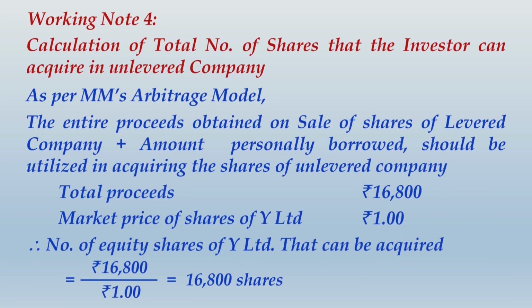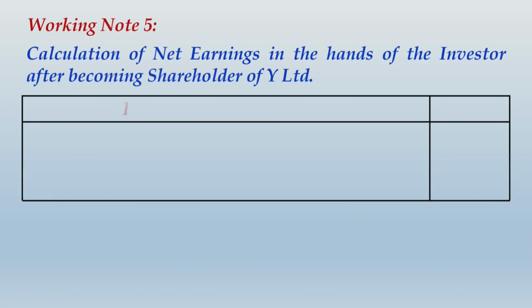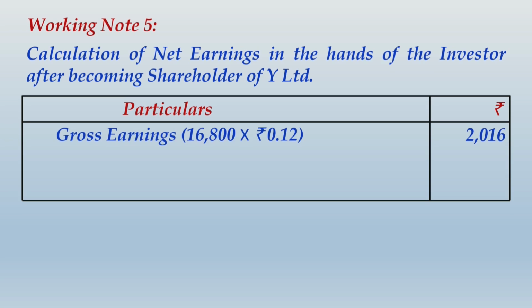Alright friends, if you have finished writing this whole working, let us move ahead and deal with the last part of the solution. Here we would say calculation of net earnings in the hands of the investor after becoming shareholder of Y Limited. Now the investor holds 16,800 shares in Y Limited.